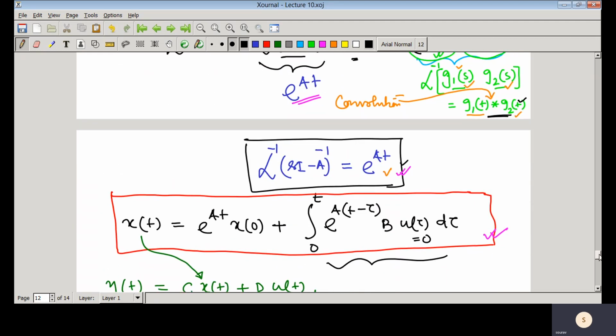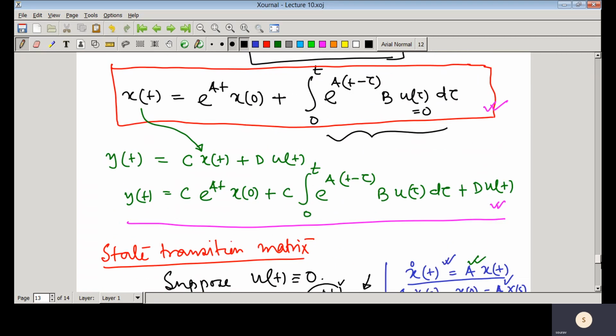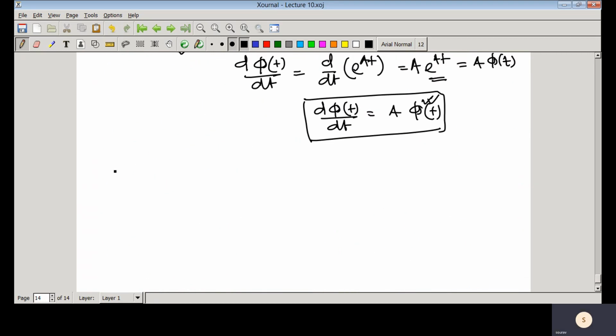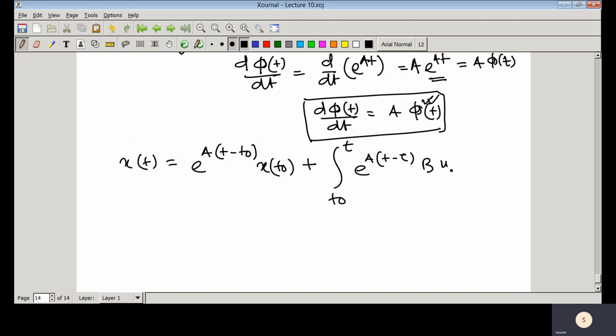Then what would the expression be? This expression would be modified as x(t) = e to the power A(t - t0) x(t0), that is the initial condition, plus the integral from t0 to t of e to the power A(t - tau) B u(tau) d tau.